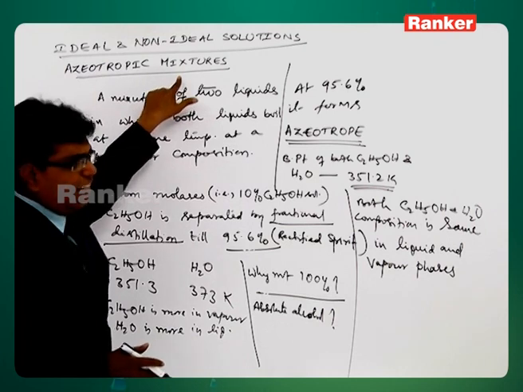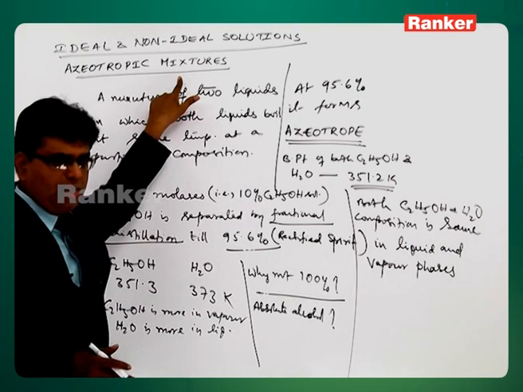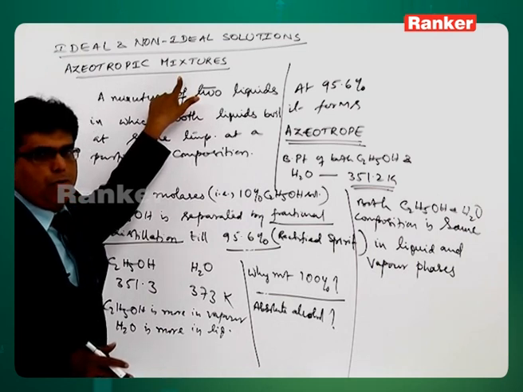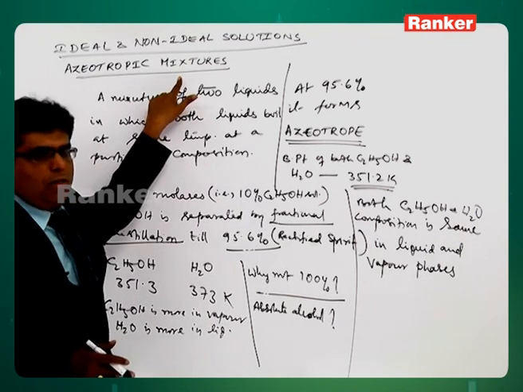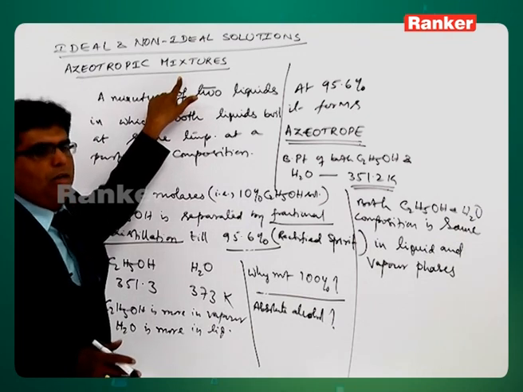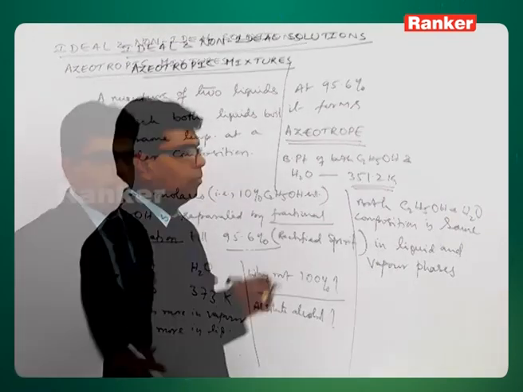Now, again in this azeotropic mixtures, we have two types. One is the minimum boiling azeotrope and another one is maximum boiling azeotrope. What is the minimum boiling azeotrope and what is the maximum boiling azeotrope? That we discuss now.